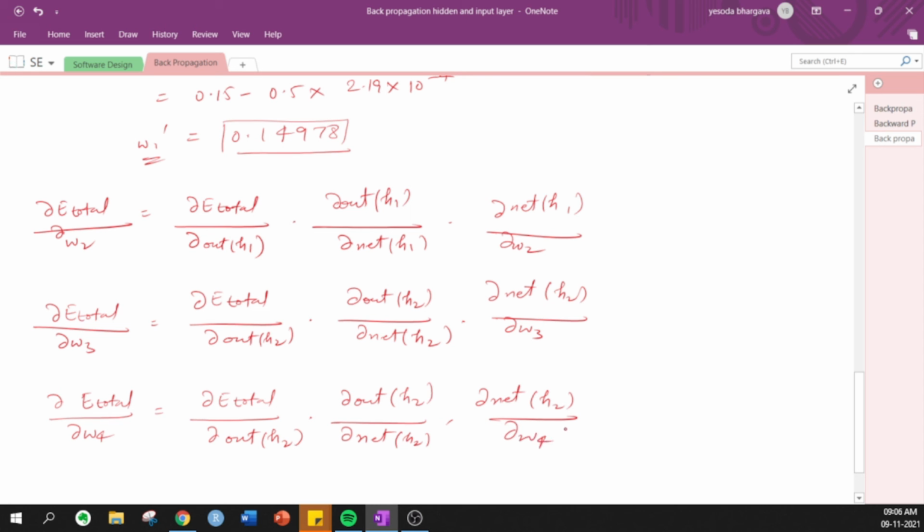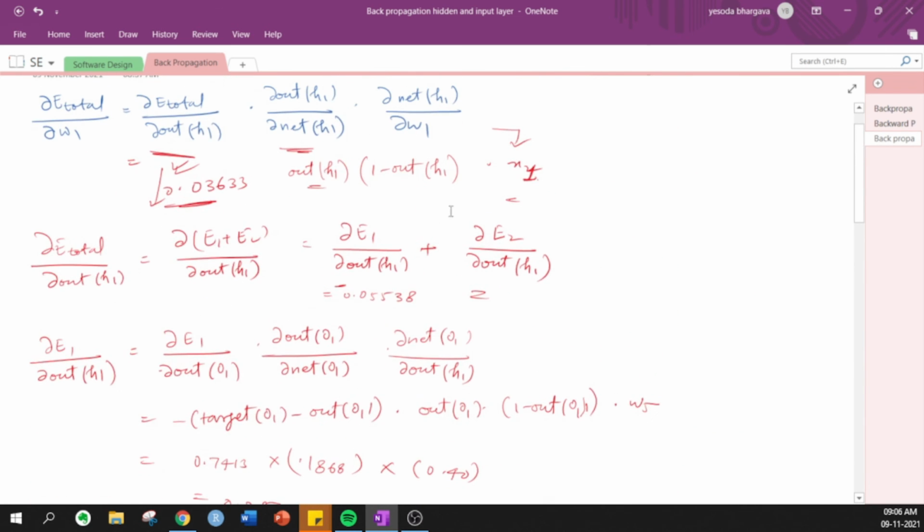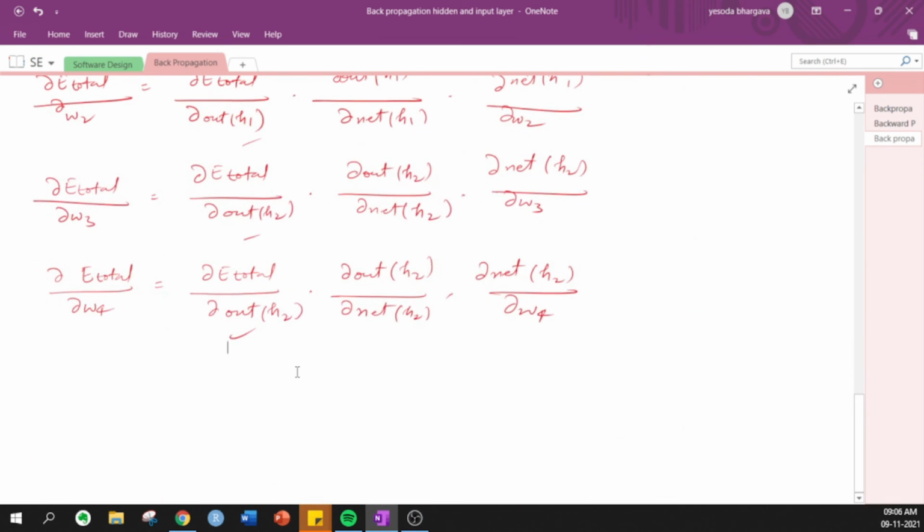So these are the formulas you can use, and then you can split them again like how I've explained over here. When you're done with this, you will see that the updated W2 would be 0.1995, W3 would be 0.24975, and W4 would be 0.2995.